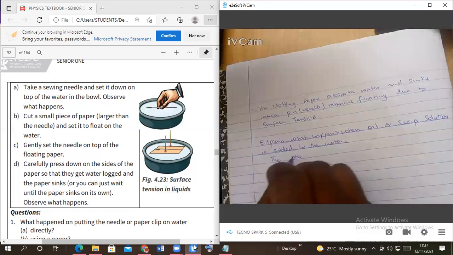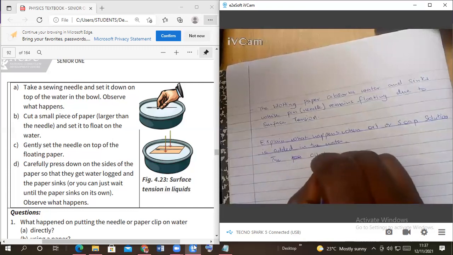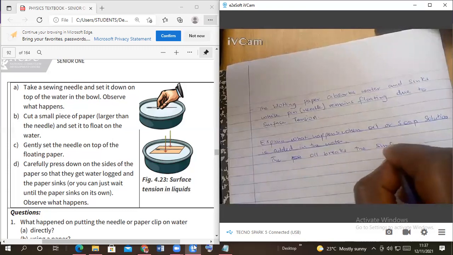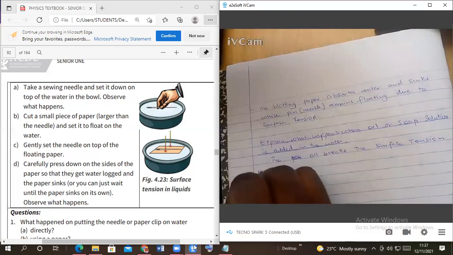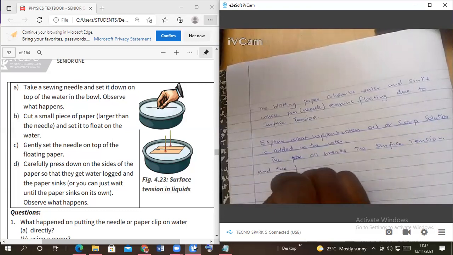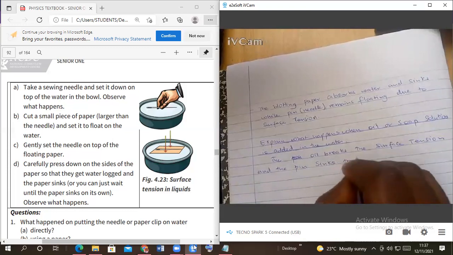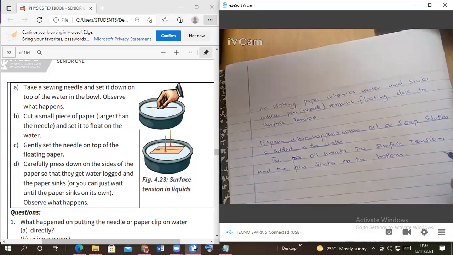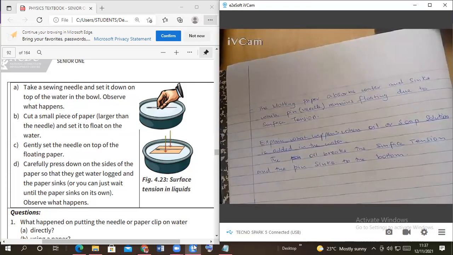The oil breaks the surface tension and the pin sinks to the bottom. Okay, it sinks to the bottom. All right.